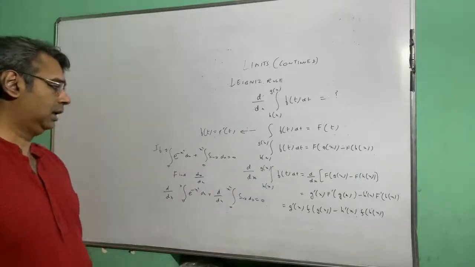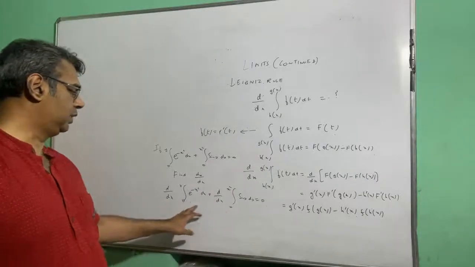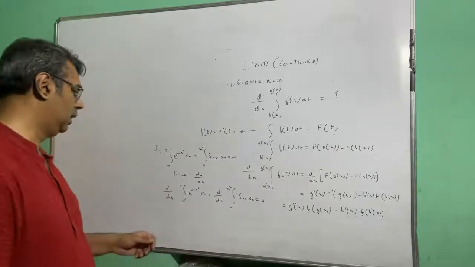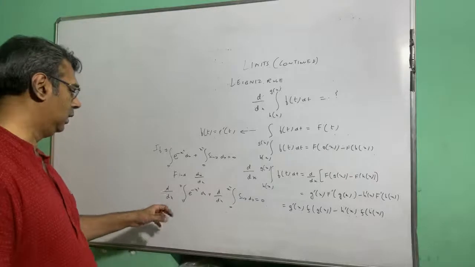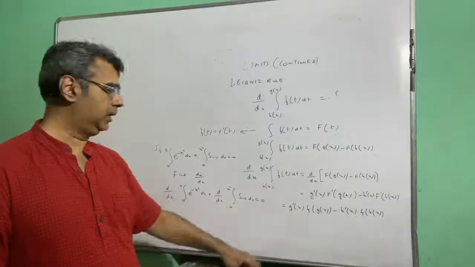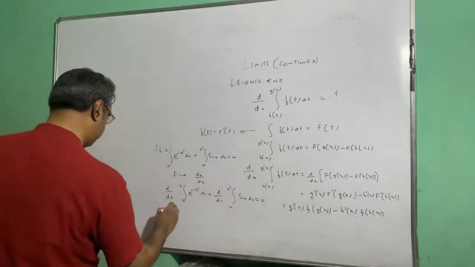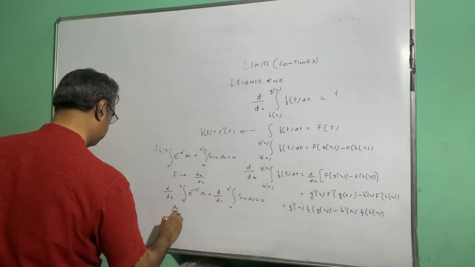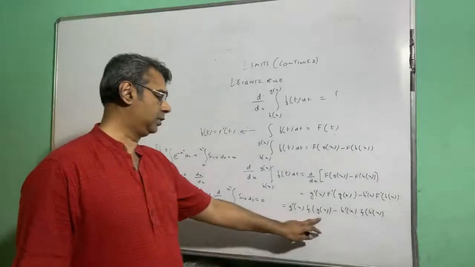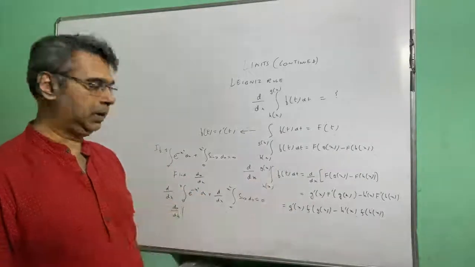Now you are differentiating a definite integral with variable limits, so you can apply Leibniz rule. Just see how to apply the rule. Firstly, the derivative of the upper limit, that means the derivative of y, into whatever is the function value for the upper limit.